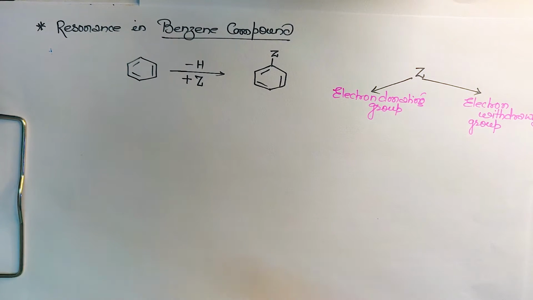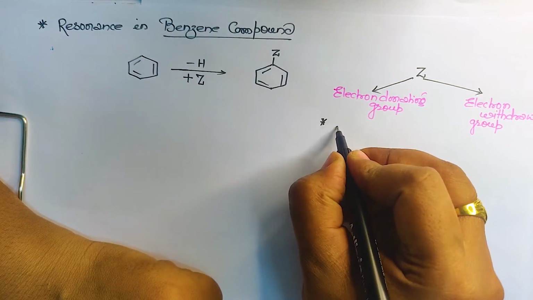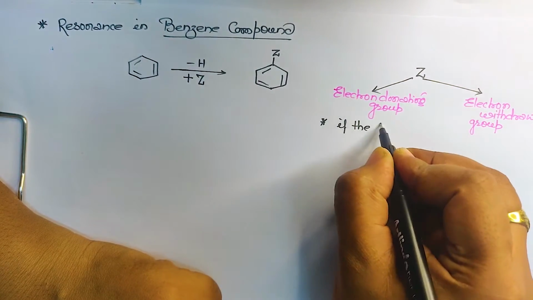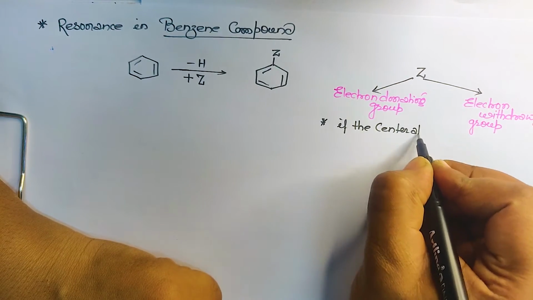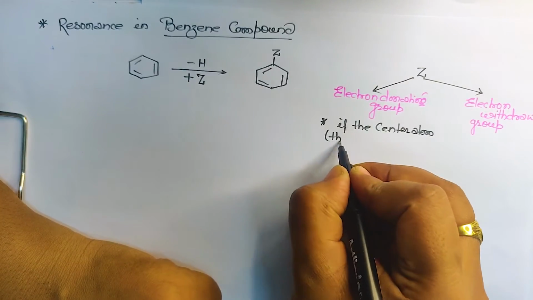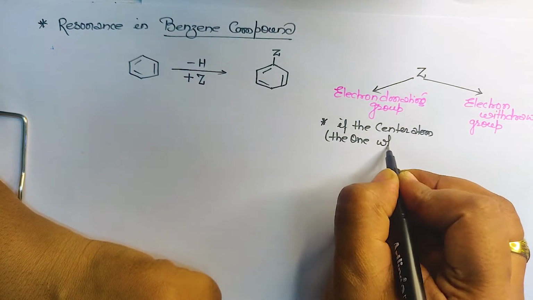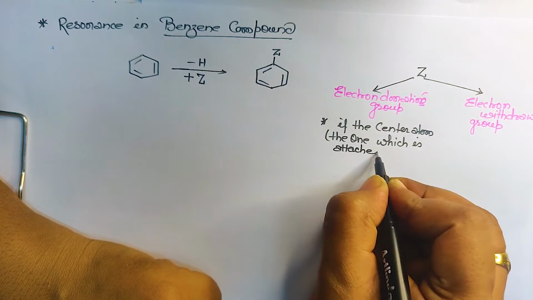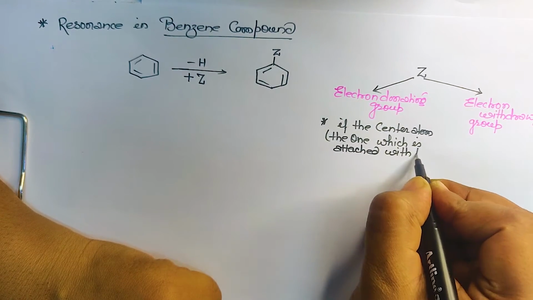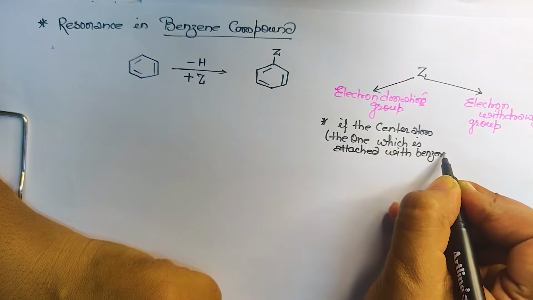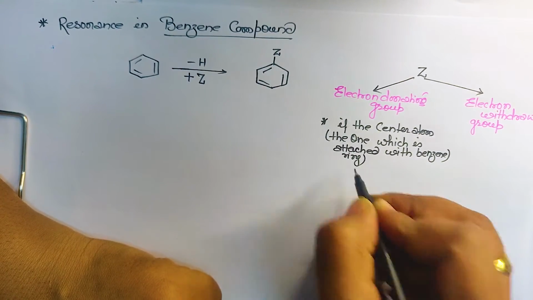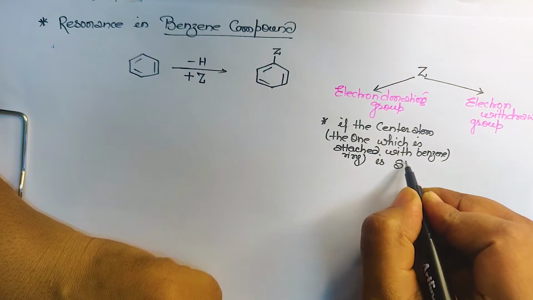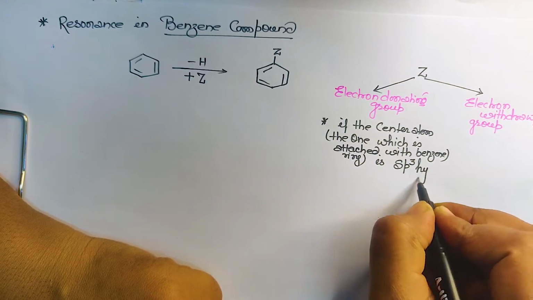Got it? How to learn कि ये इलेक्ट्रॉन देगा या लेगा. Okay? So इसके लिए मैं ट्रिक दे रही हूँ. If the center atom, the one which is attached with the benzene ring, is sp3 hybridized.